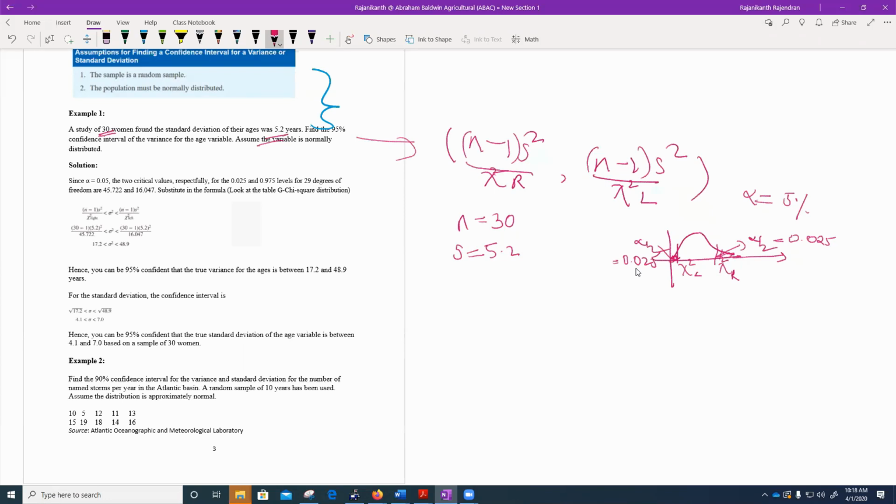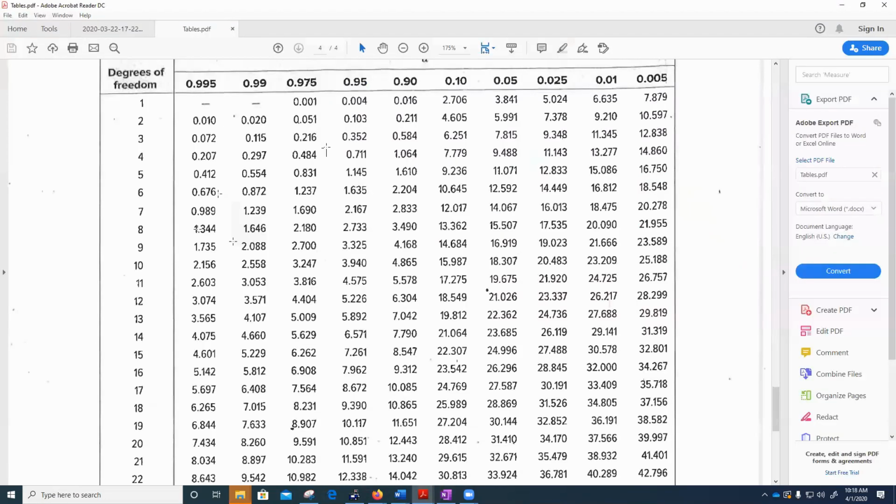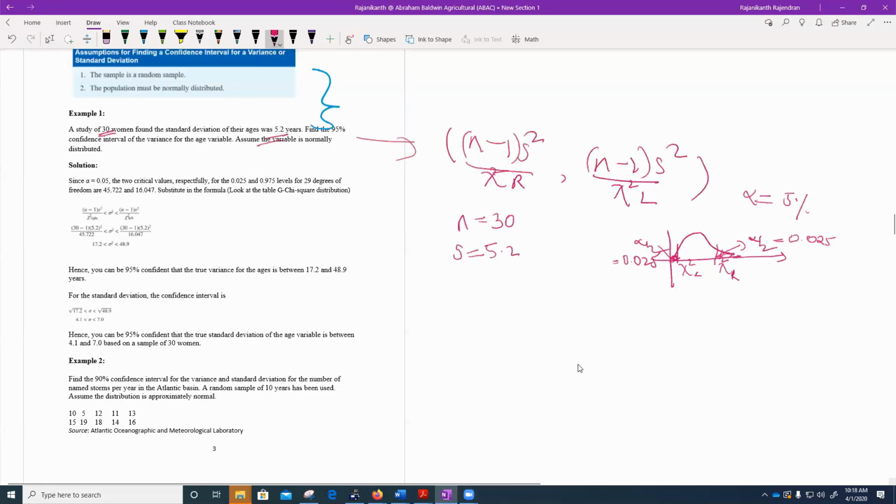So my middle area is 95%, and the area to the right of this point is 0.025. Let's look at the table. Where is 0.025? Yes, it is there. But what is my degrees of freedom? Degrees of freedom, df, is simply n minus 1, and n is 30, therefore 29.